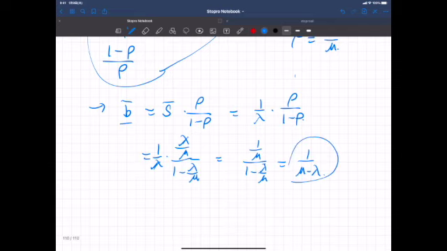So this should be the average duration of the busy periods. By the way, in order to derive this result, we have assumed that lambda is less than mu. Otherwise, the length of the queue will grow indefinitely. So this means mu minus lambda is of course positive, and it makes sense.